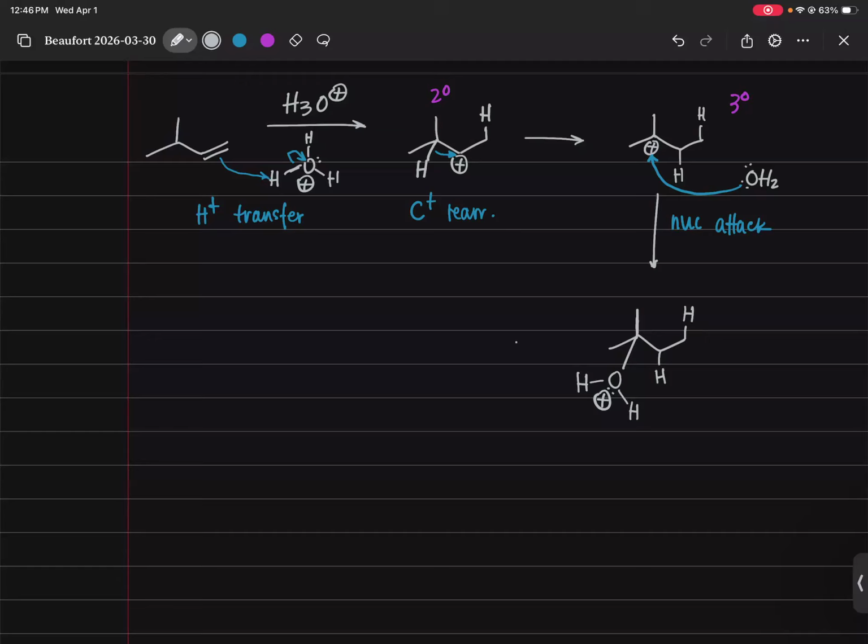And now all we have to do is another proton transfer so that our ending molecule is neutral. And we can just use another molecule of water to take that proton away from the oxygen.